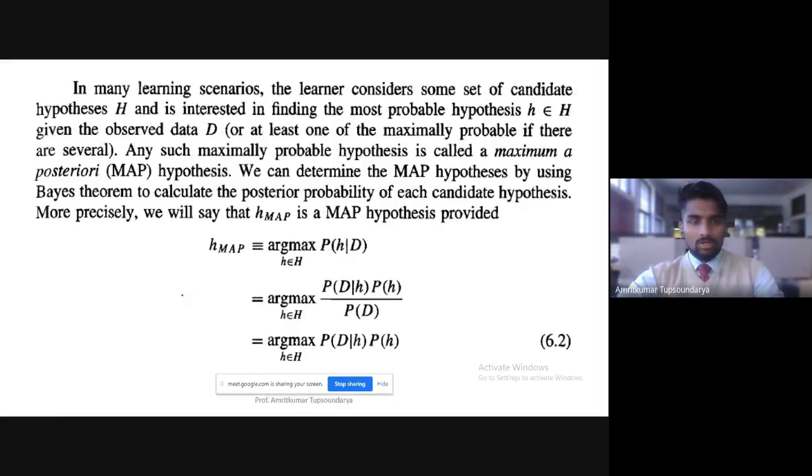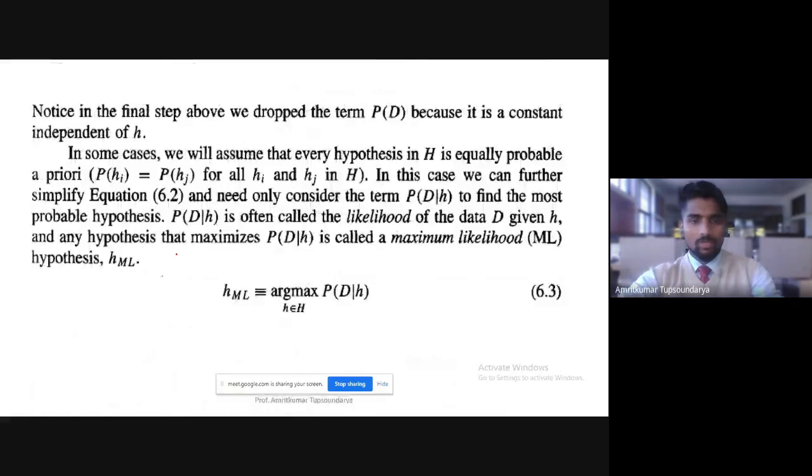We saw the formula for H map, the maximum a posteriori hypothesis. How can we get it? When there is no single maximum a posteriori hypothesis, and there are two or more, it becomes difficult to point to one single hypothesis.